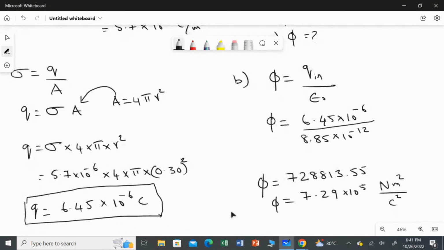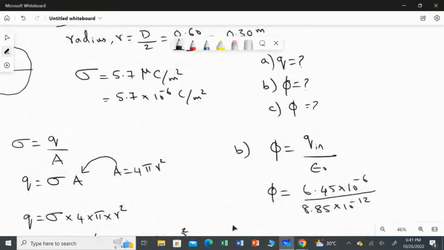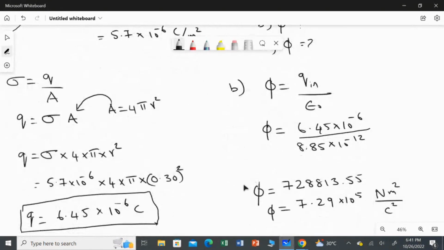Now we have to deal with the third part. What is our third part? We are going to deal with the flux. If the radius is 2 meter, what should be the flux? What we studied in the theory: the radius doesn't matter, am I right? Because the charge enclosed in the sphere is the same.